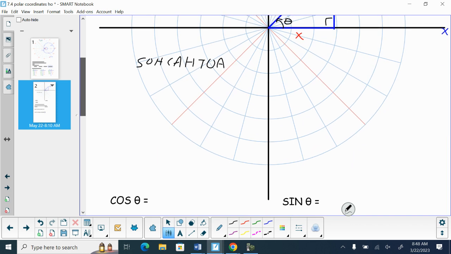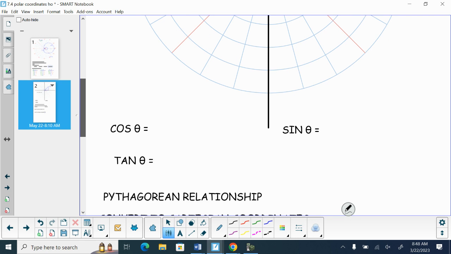Our trigonometric guardian would say the cosine of that angle theta is equal to what over what? X over r. Which tells us if we multiply both sides by r, x is equal to r cosine of theta.